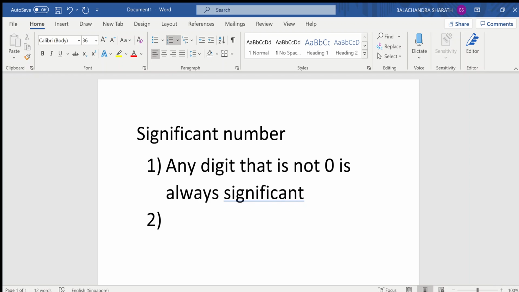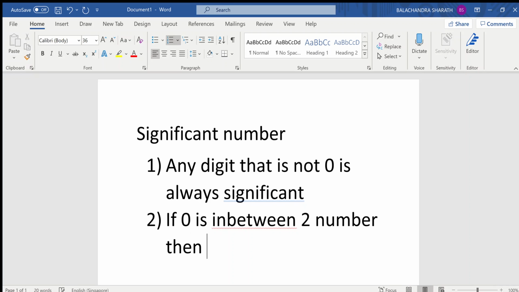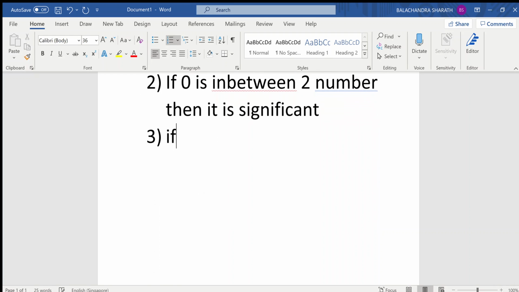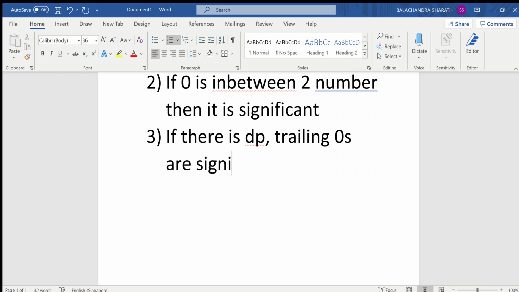Secondly, if 0 is in between two numbers, then it is significant. Thirdly, if there is a decimal point, trailing zeros are significant.